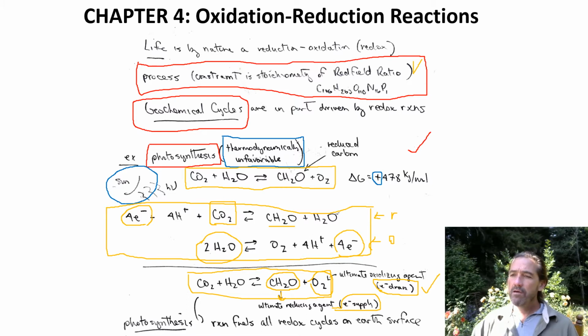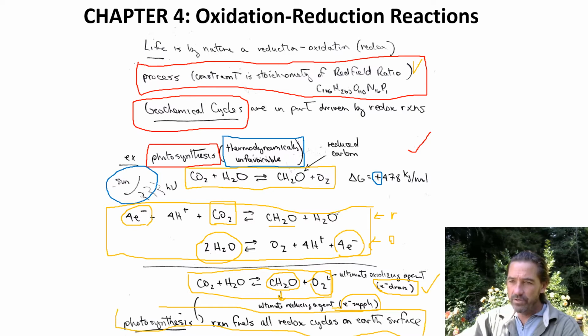We need oxygen because if we eat that food, if we eat that organic matter, we need somewhere for those electrons to go. And so combined with biomass and oxygen gas, it gives a pathway for those electrons to be transferred and for our cells to use the work from the electrons. And so again, photosynthesis fuels a lot of other redox reactions on the surface of the Earth. And this would be redox reactions with nitrogen, sulfur, iron, and other elements.